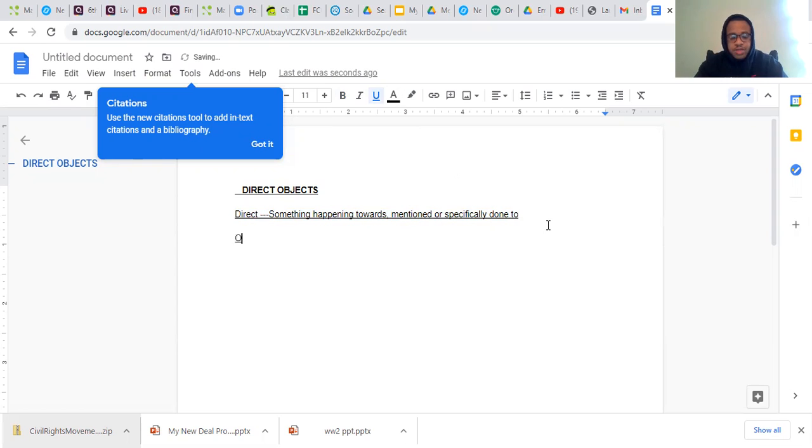Now, the word object. An object is a thing or item, a tool.